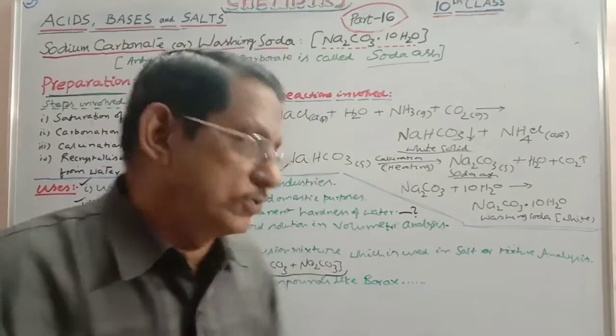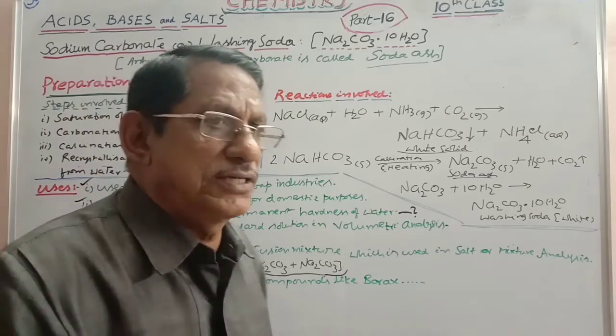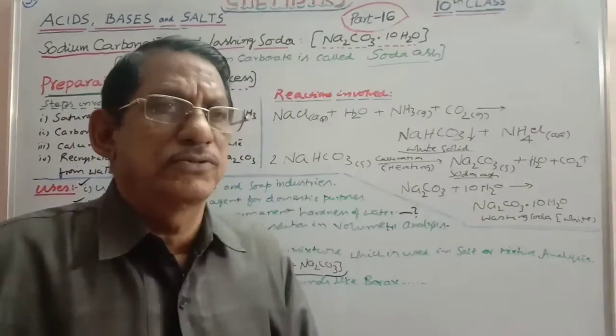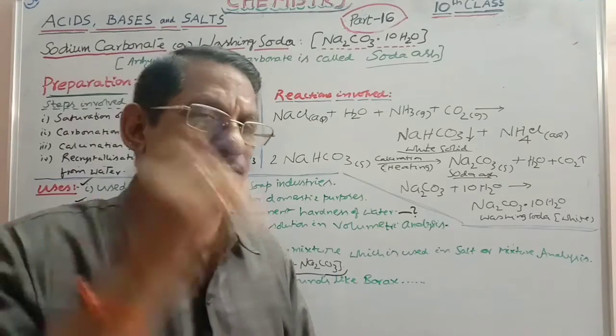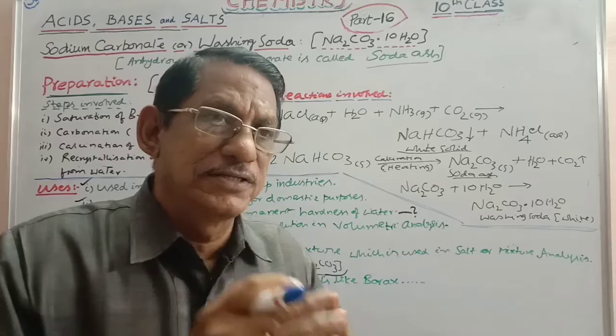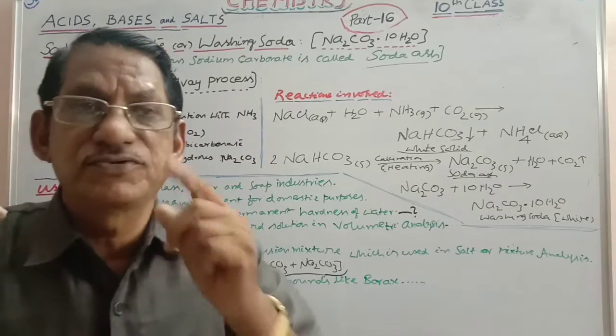If such a salt or mixture is given to you, you have to make it a clear solution. For that purpose, you have to take fusion mixture. Fusion mixture is added to the given mixture or salt, combined, heated together, and then dissolved in a particular solvent. It will be soluble. Then the cations present in the given mixture will come into the solution. That is the advantage of fusion mixture.